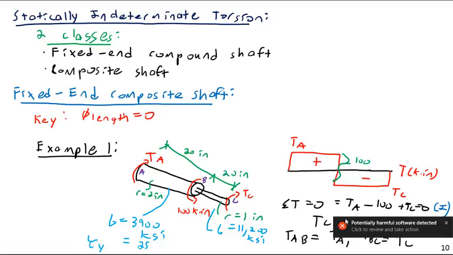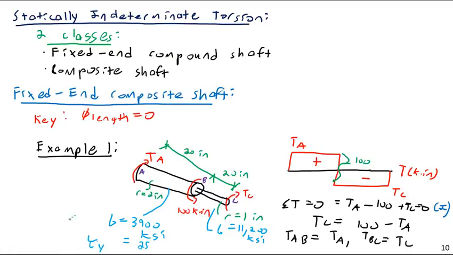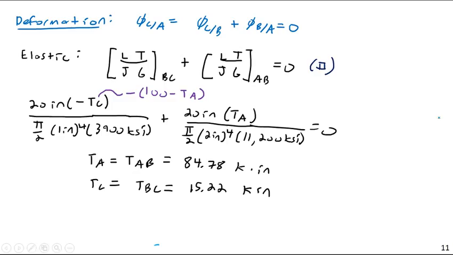Here, tau yield is 25 KSI, and here tau yield is 18 KSI. So all of this is given, and what I was actually asked to find was whether tau max is greater than tau yield. In other words, whether we're going to exceed the yield stress on this thing.